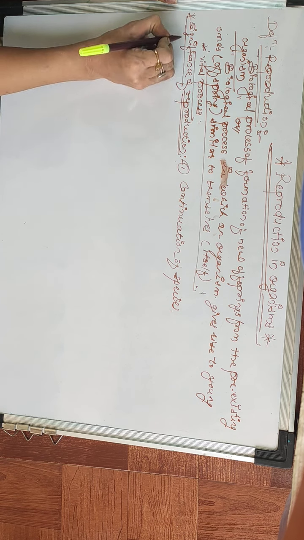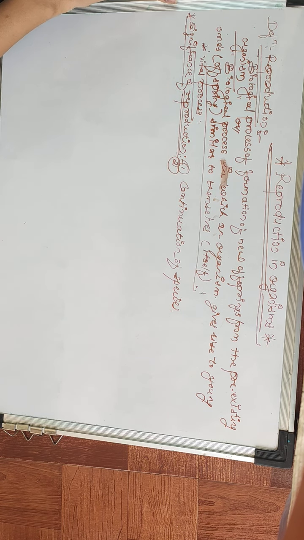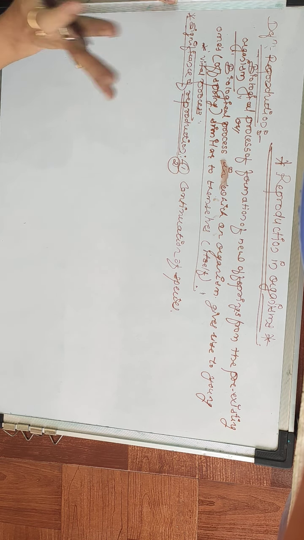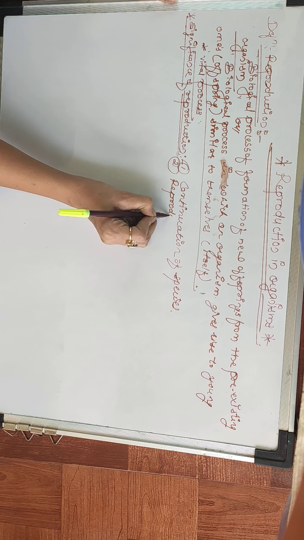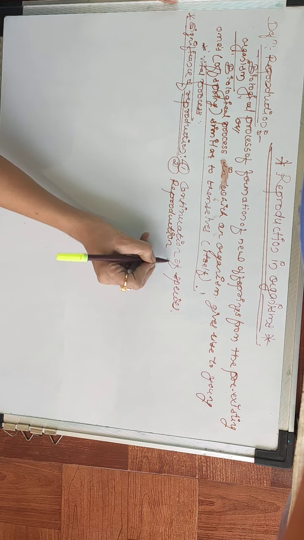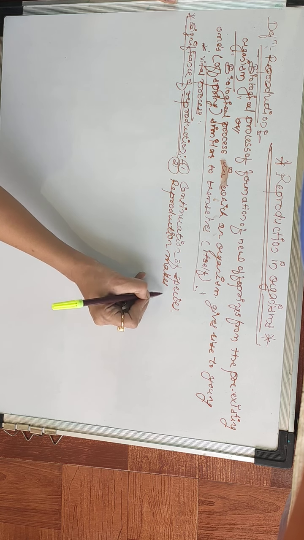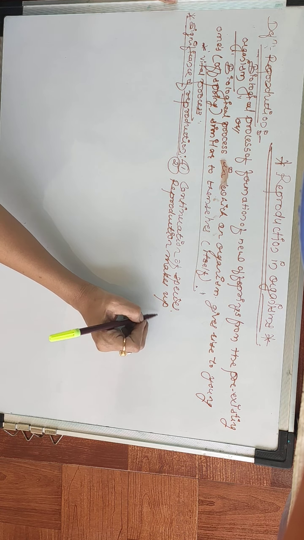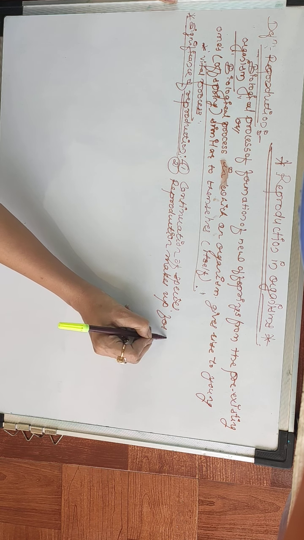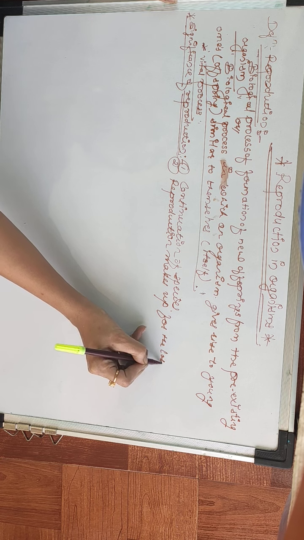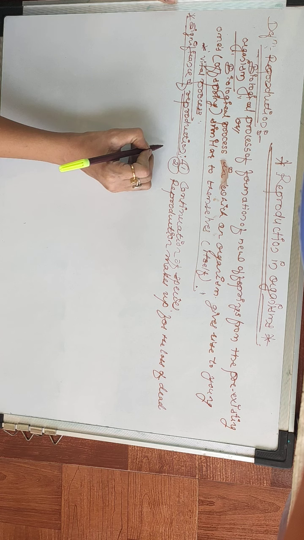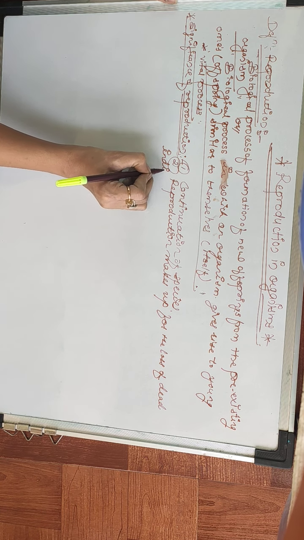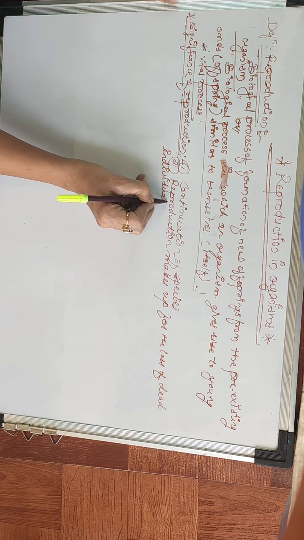Okay. What is second? Second is that reproduction makes up for the loss of dead individuals.